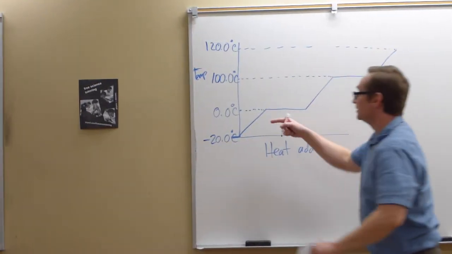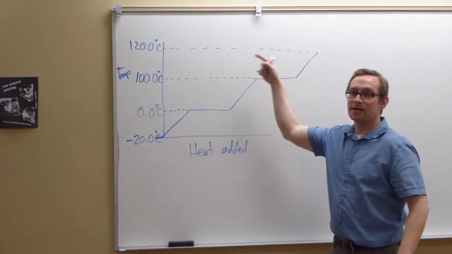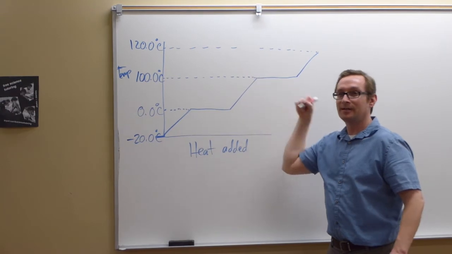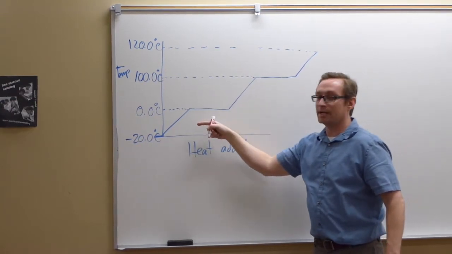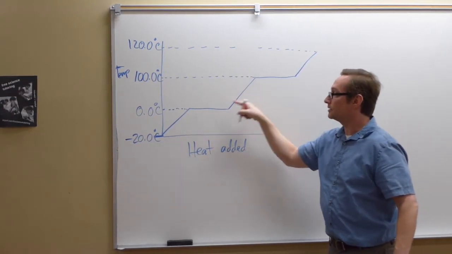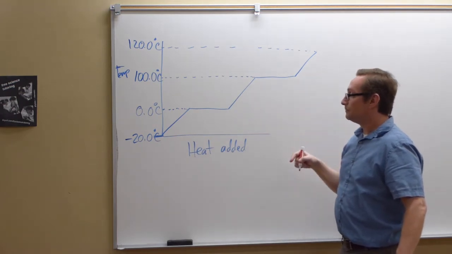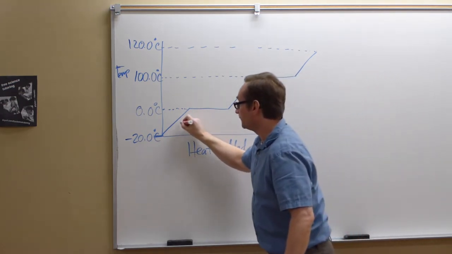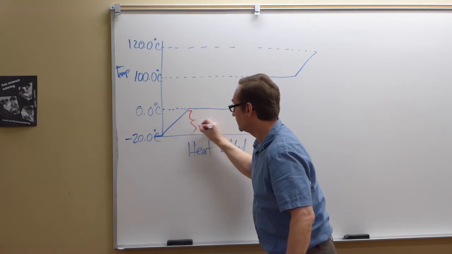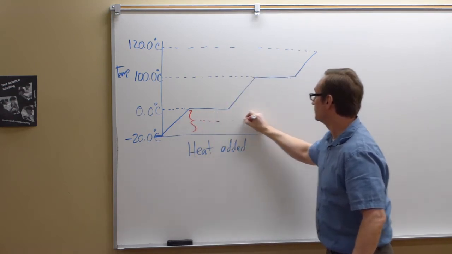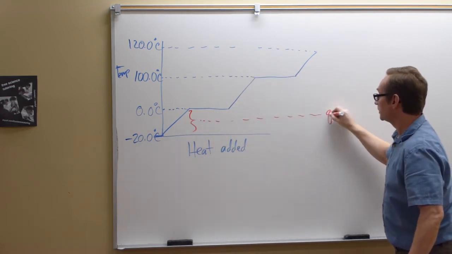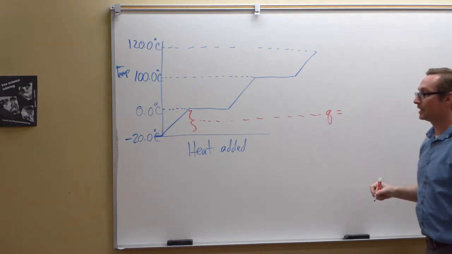Okay, so now that we kind of know what's going on, I think it helps to see the curve. And now we can calculate the heat change with every step. So for this step, Q is going to be equal to what?